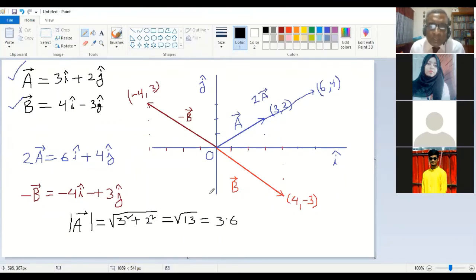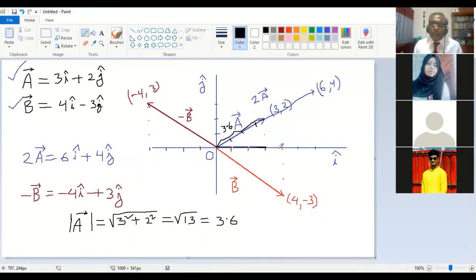So what do we understand by this? We understand the length of A is actually 3.6, that means 3.6 units. So this is 1 unit, 2 unit, 3 unit, like that. If you put a ruler directly on the line, it will be 3 point something, 3.6.